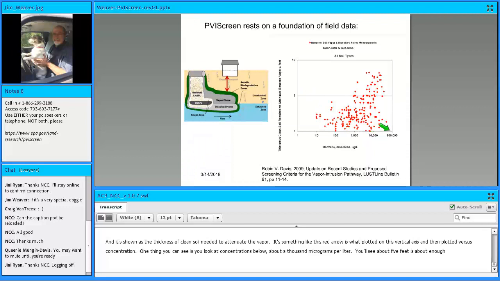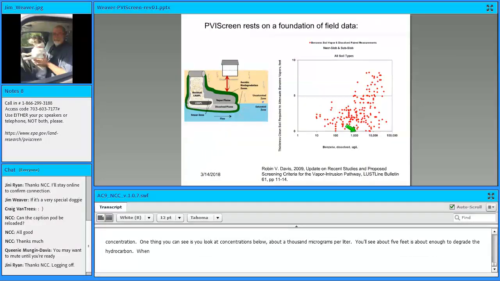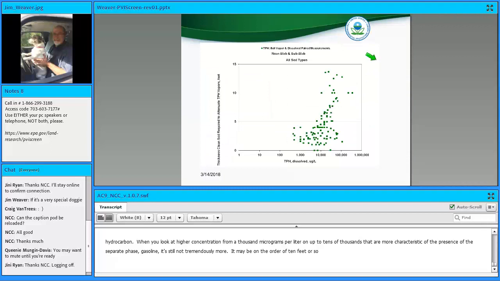And when you look at higher concentrations, from 1,000 micrograms per liter on up to tens of thousands, that are more characteristic of the presence of separate phase gasoline, it's still not tremendously more. It may be on the order of 10 feet or so. Okay, so this is for benzene. There's similar data available for TPH, so you see the same sort of thing.